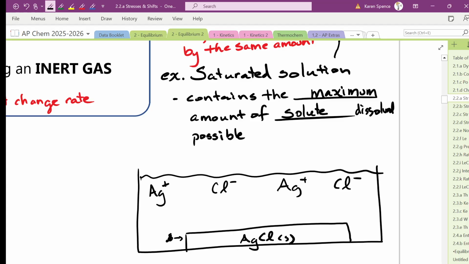So what has to happen if we have a saturated solution and some more dissolves? Another particle has to recrystallize.